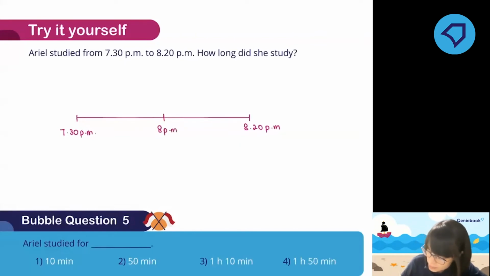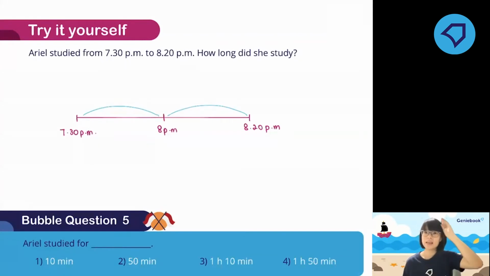So please find for me from 7:30 to 8 p.m. is how many minutes, and then from 8 p.m. to 8:20 is how many minutes, and then you can add the two timings together, okay? Because this one is actually quite easy, so it's only 5 bubbles. Refresh the page, Abella, refresh the page.